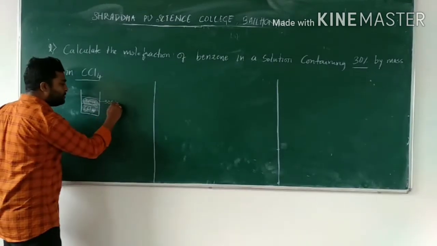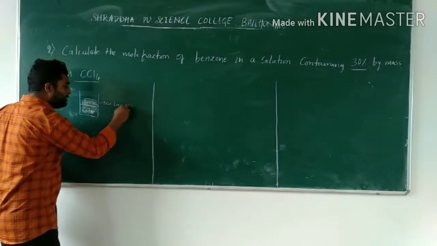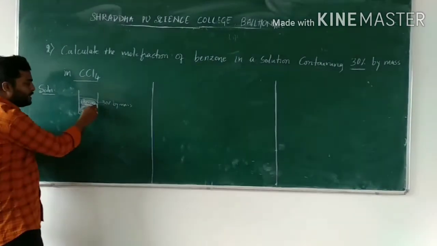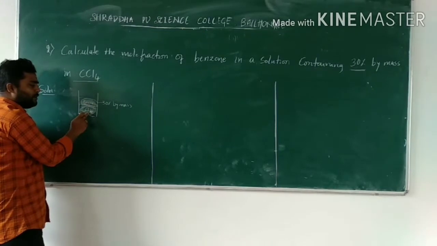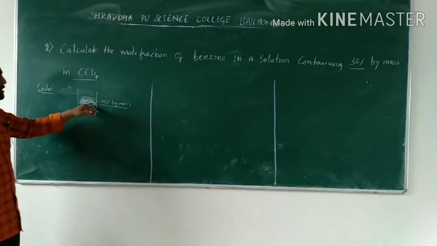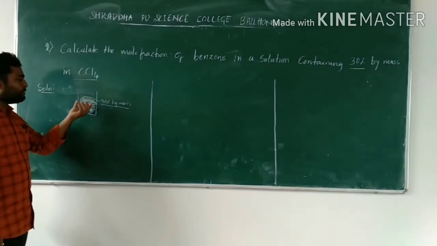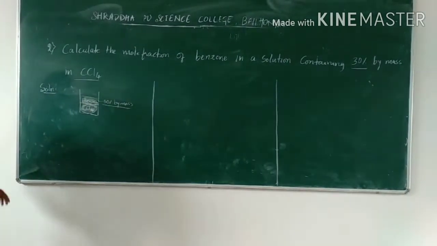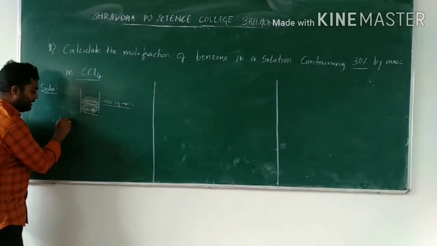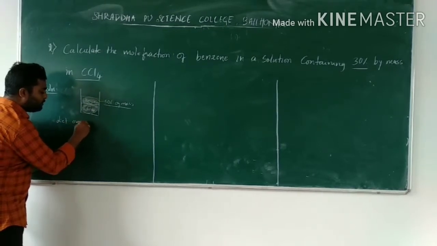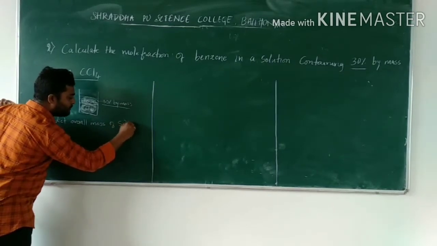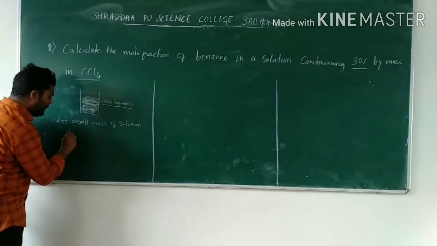So the remaining 70% by mass is CCl4. So they are saying there are 2 components, benzene and carbon tetrachloride, in which 30% by mass is benzene, and we have to determine its mole fraction. In order to do that, let the overall mass of solution be 100.